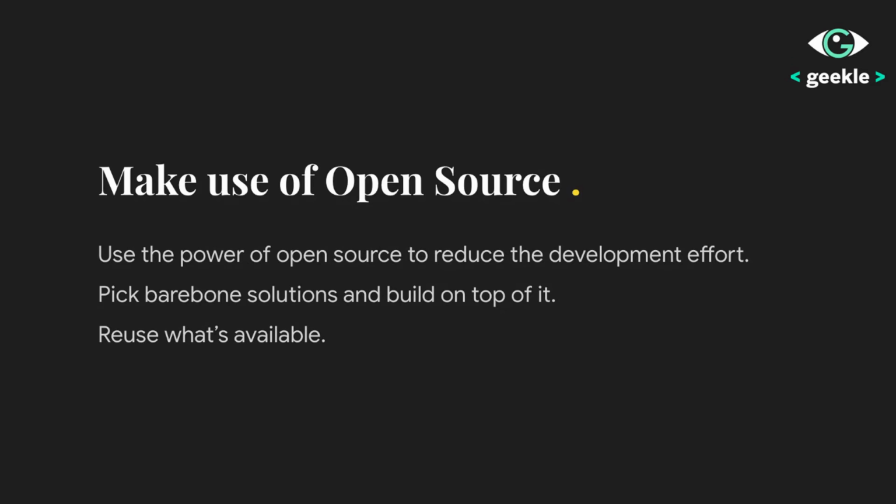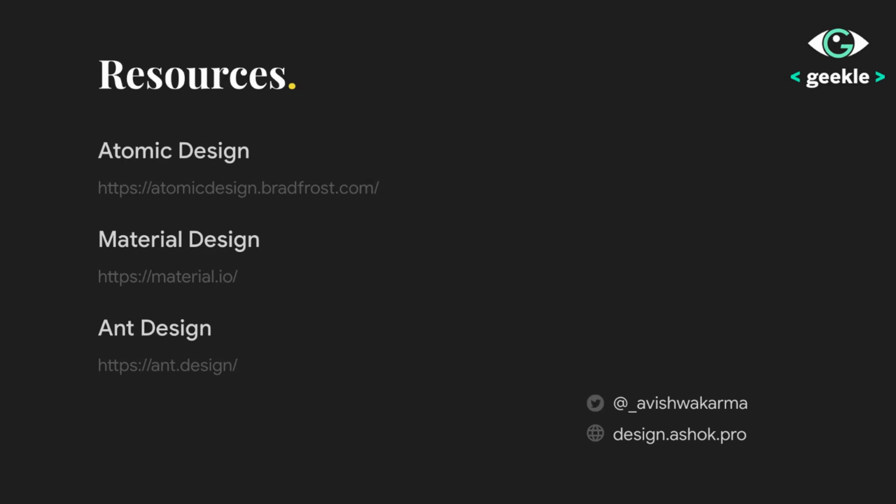Rather than building components completely from scratch, pick components which are available. On the React side, there are the RC component libraries, like RC date picker. Those are very good and bare bone. They don't have much style or complexity, and you can pick them and start building on top of them.